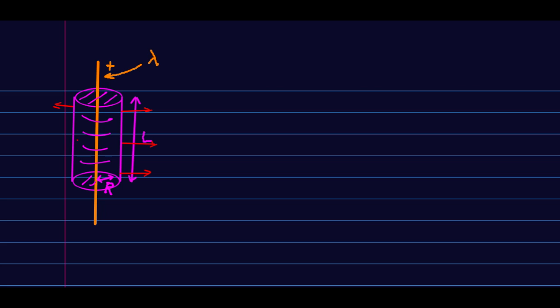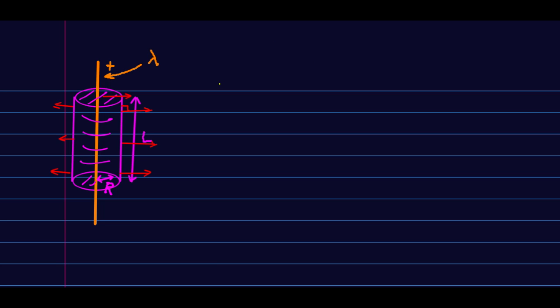And that means that everywhere it passes through this cylinder, it passes through perpendicular to the sides. And note that it goes parallel to the edges. And we know that E fields going parallel to a surface result in no flux, right? They don't go through the surface.